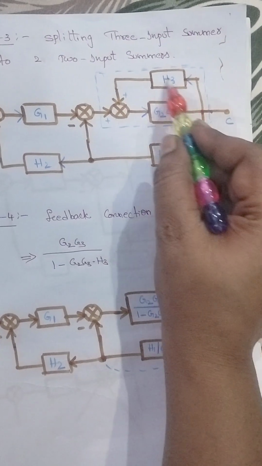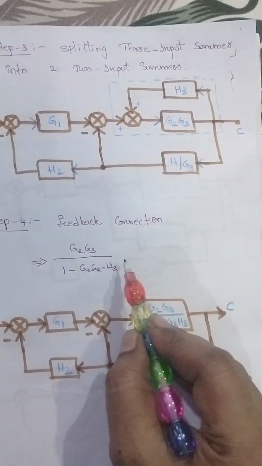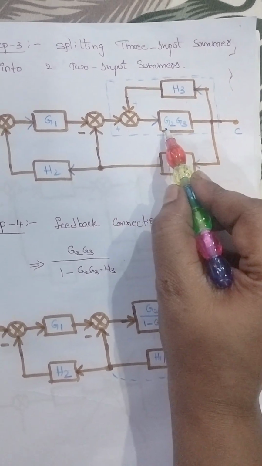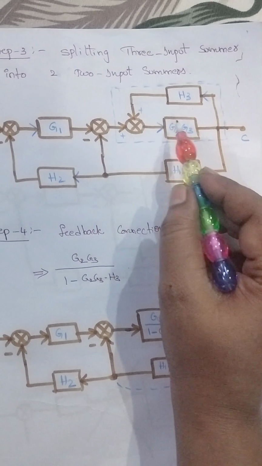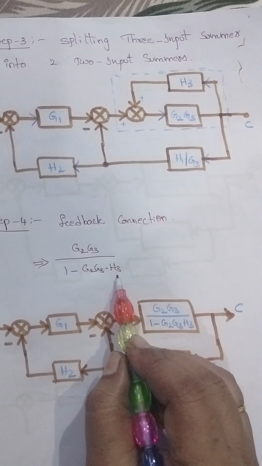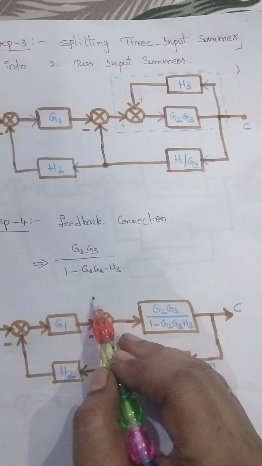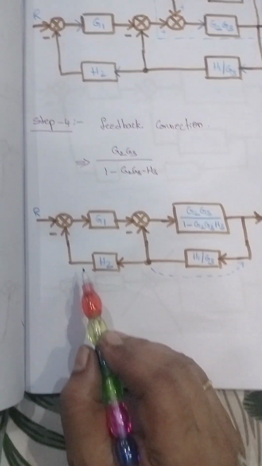And now here is a feedback connection. So the feedback connection formula means G2 G3, here is a plus, that's why 1 minus G2 G3 H3. So now it becomes like this.